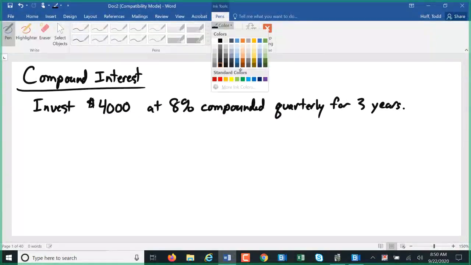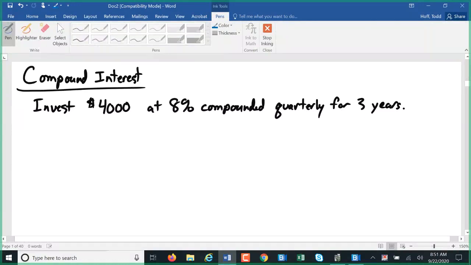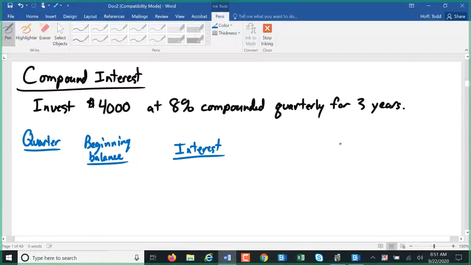But when it was simple interest, we could do the interest calculation all in one step, and it was done. Here we have to break it down by the quarter. I'm going to go with beginning balance here. So I calculate interest. Then we give an ending balance for each quarter.